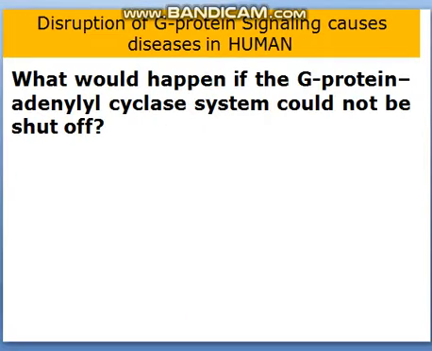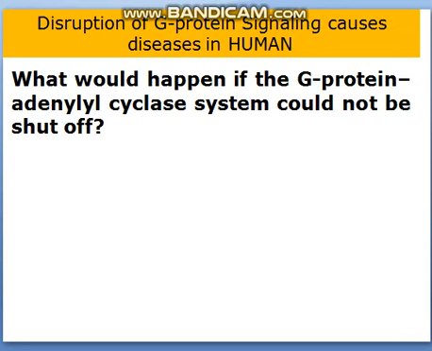The disruption of G protein signaling causes disease in humans. There are two different types of diseases that we are going to study in the following slides. What would happen if the G protein adenylyl cyclase system could not be shut off?